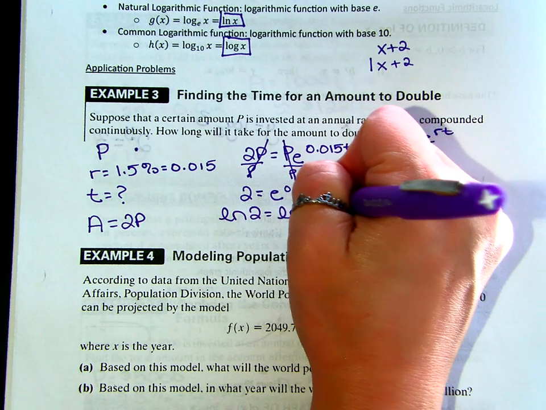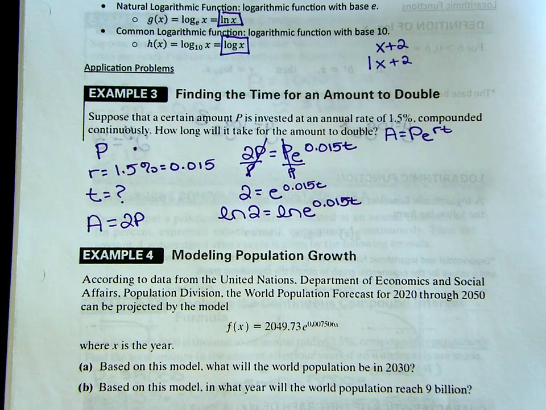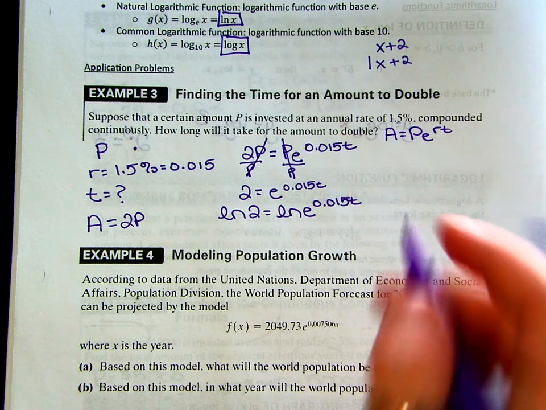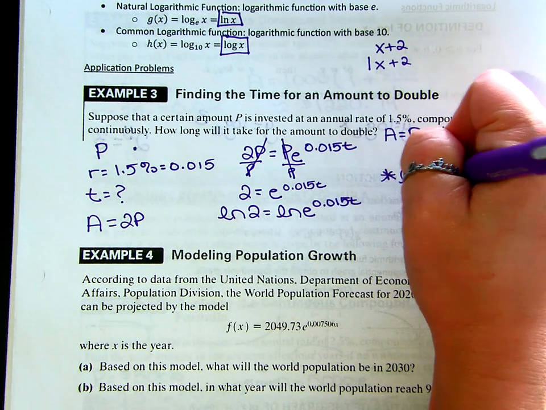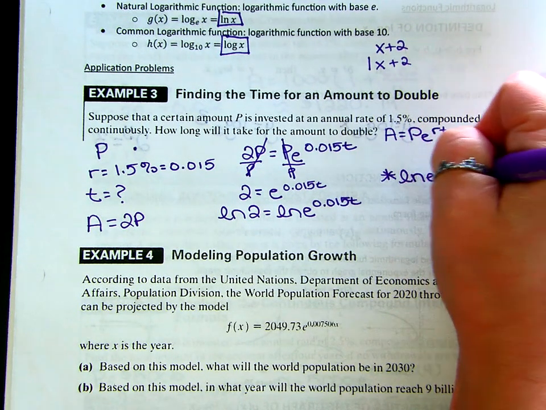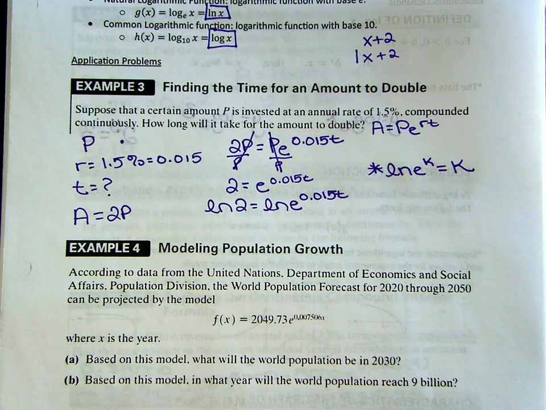And here's another special rule and why we like lning, especially with e's. Ln of e raised to the k is just k. The ln e part will go away. So that means I'm going to have ln of 2 equal to 0.015 t.